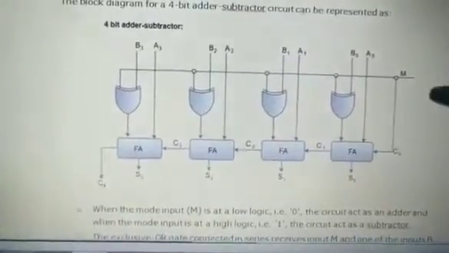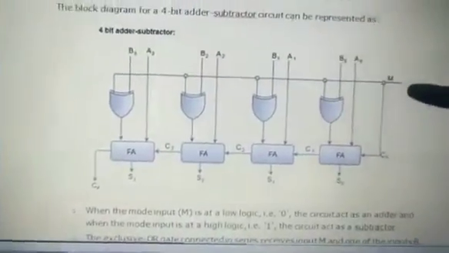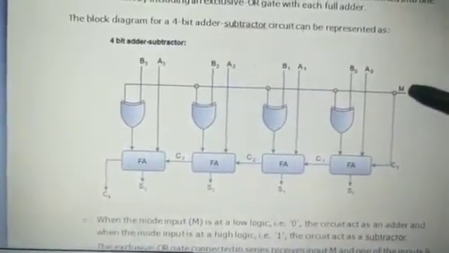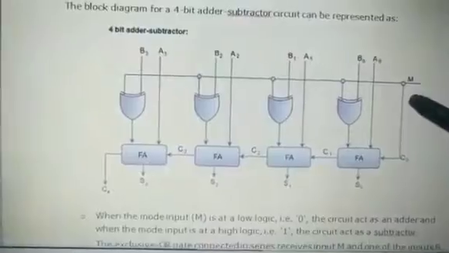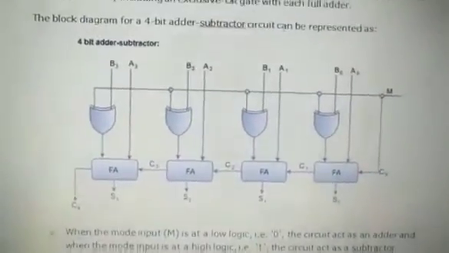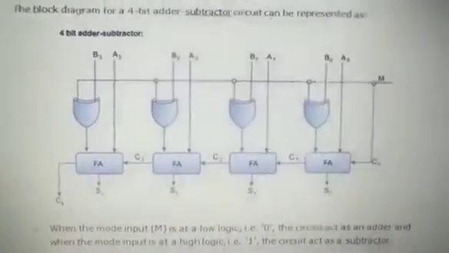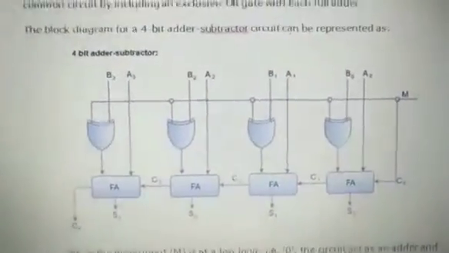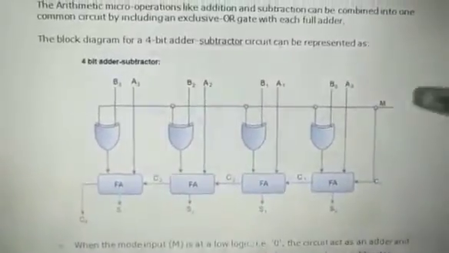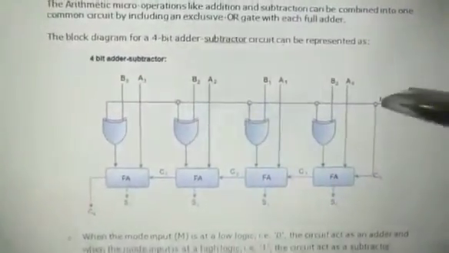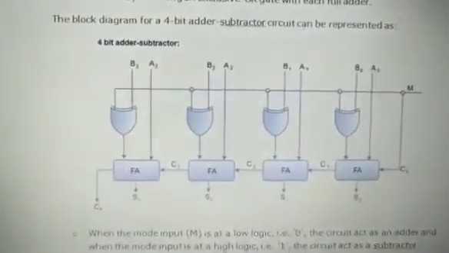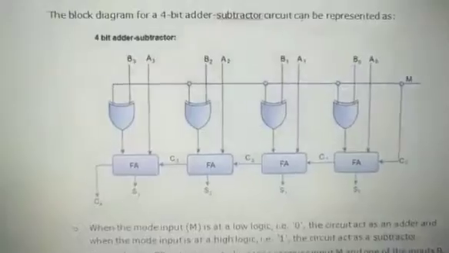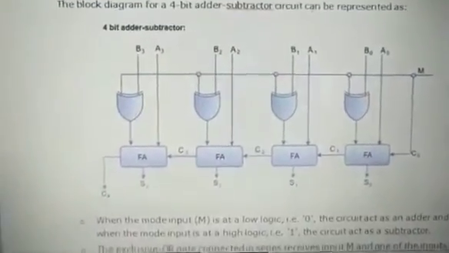So if you want this circuit to act as a binary subtractor, then through this M control line you have to pass 1. And if you want the circuit to act like an adder, then through this M control line you have to pass low voltage. Low means 0. If you pass 0, the XOR gate will not produce the complement of the addend, that is, B0, B1, B2, B3.